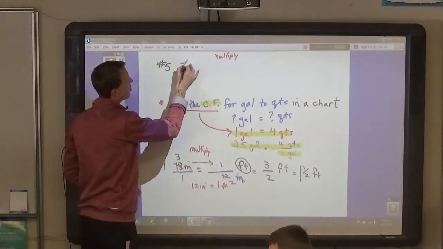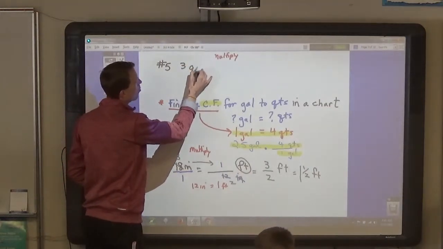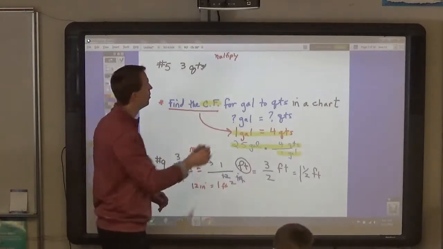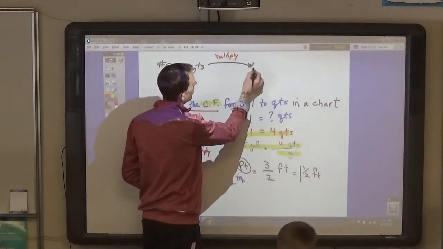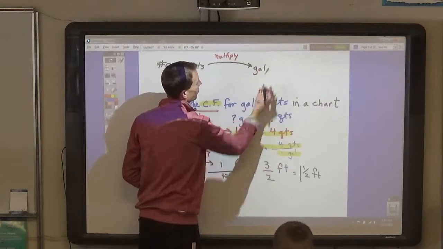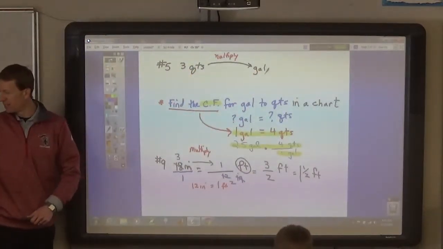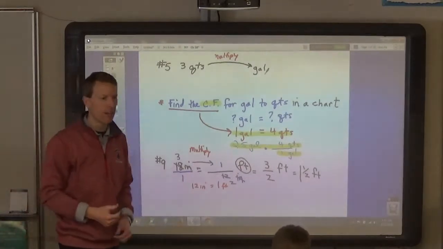Number five gives you 3 quarts, and you have to convert it to gallons. 3 quarts to gallons. This is on page 259. It's part of your assignment.